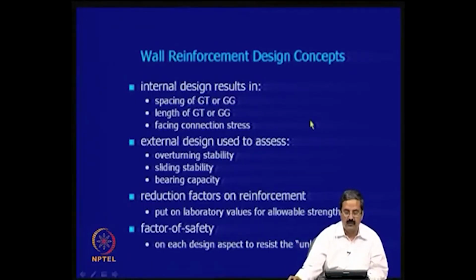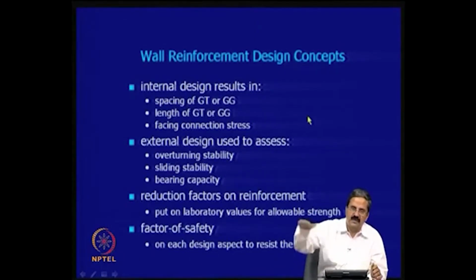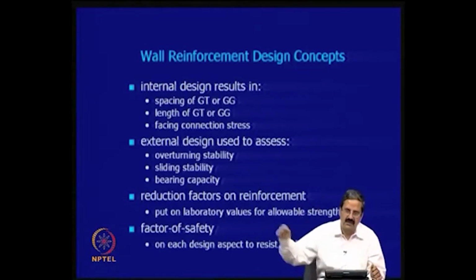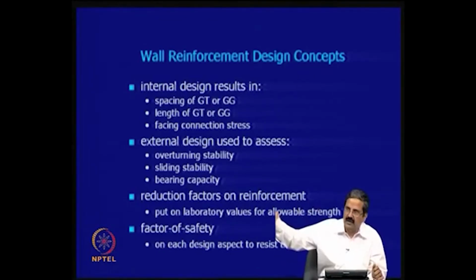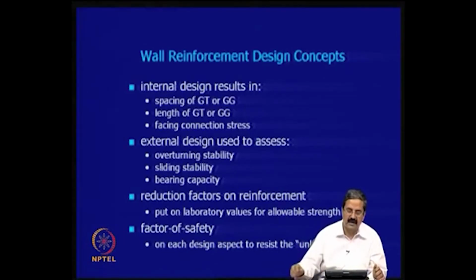So, internal design means what should be the spacing of the geogrids, how much spacing I should have and what length of the geogrids I should have, to resist the earth pressure. That earth pressure is based on the internal design. So, the spacing, length and facing connection stress. In fact, I will show you that some force also comes onto the facing.